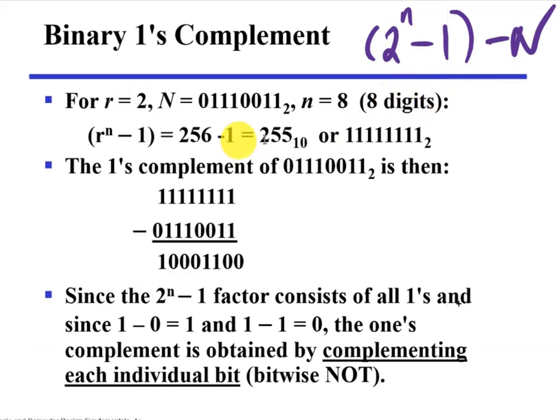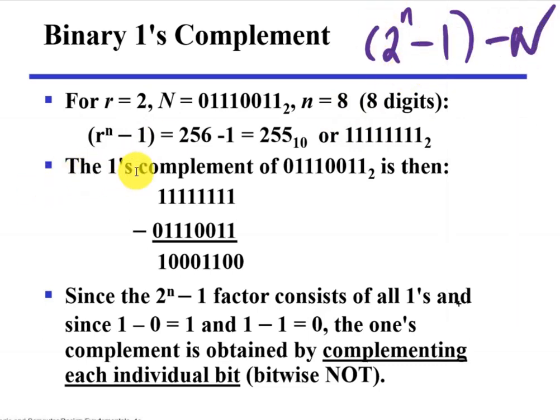First we need to obtain R raised to the n, minus 1, which is equal to 256 minus 1, which is 255. It is obtained in base 10, so this is a decimal number. If you convert it to binary representation, we have a binary number that consists of all 1's. Then we have this term, minus n.